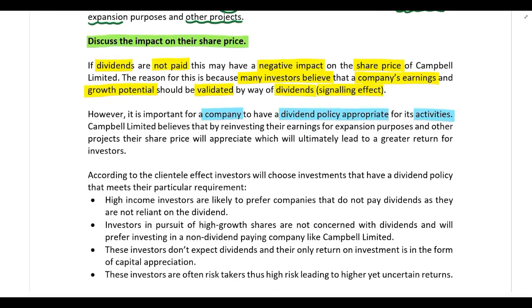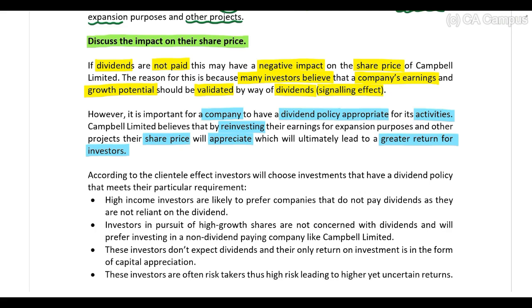So if we discuss this in more detail, Campbell Limited believes that by reinvesting their earnings for expansion purposes and other projects, their share price will appreciate, which will ultimately lead to a greater return for investors. So what Campbell Limited has done is they have looked at their activities and they've decided on a dividend policy that is suitable for their activities.